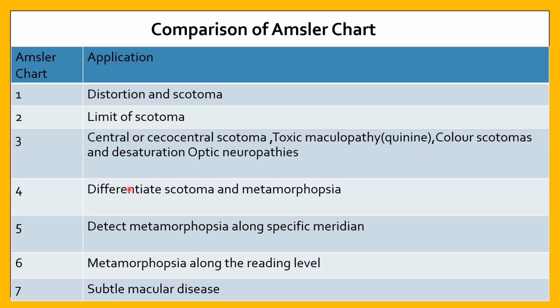And with the help of chart 4, we can differentiate between the scotoma and the metamorphopsia. And with chart 5, we can detect the metamorphopsia along a specific meridian. And with chart 6, we can detect metamorphopsia along the reading level. And with chart 7, we can detect the subtle macular diseases.